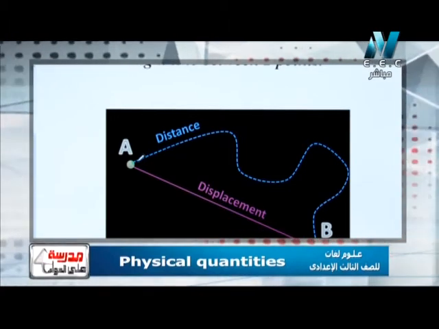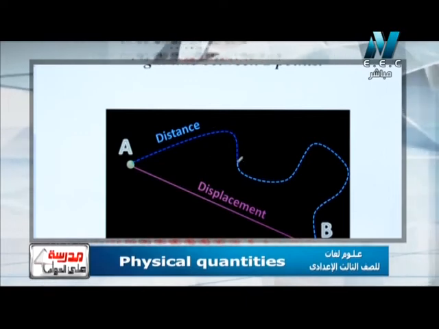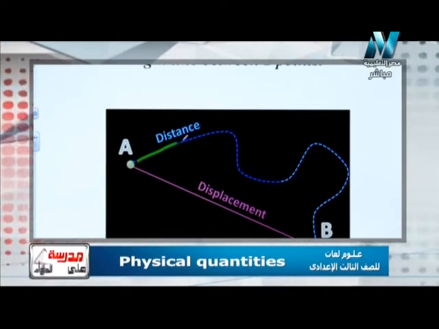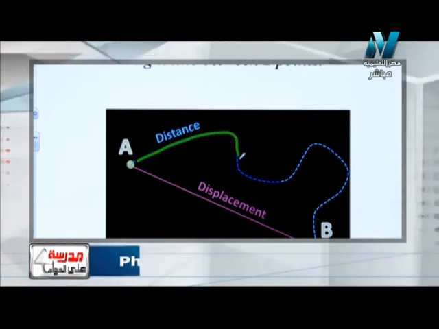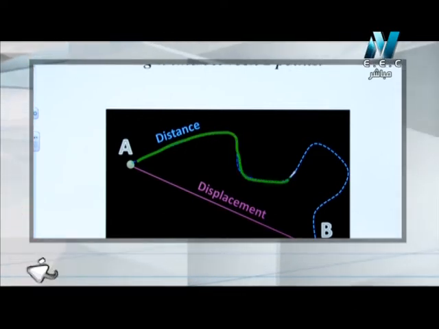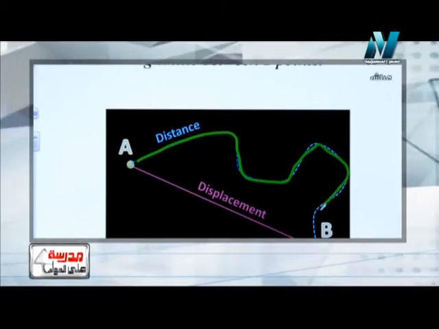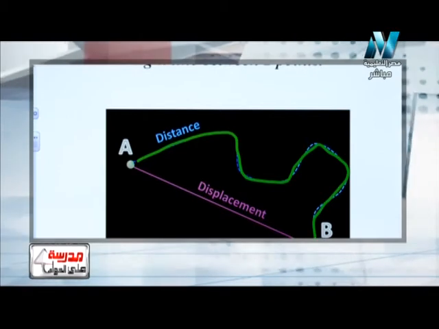Let's make it colored again. It moves like that and returns like that. So in this case the body moves in this direction, makes distance like that, then like that, and then reaches the last point, as here we have point B.